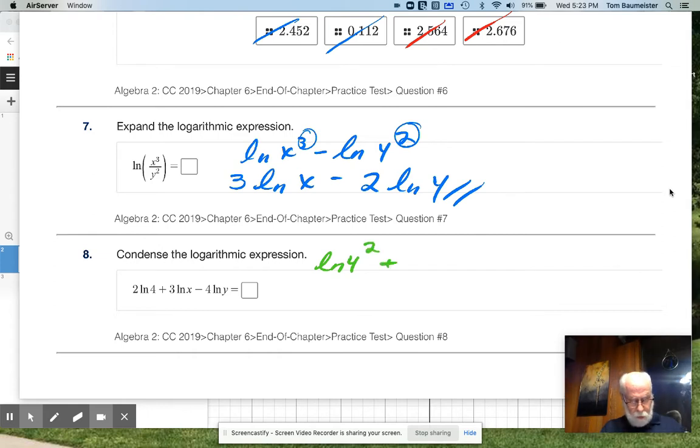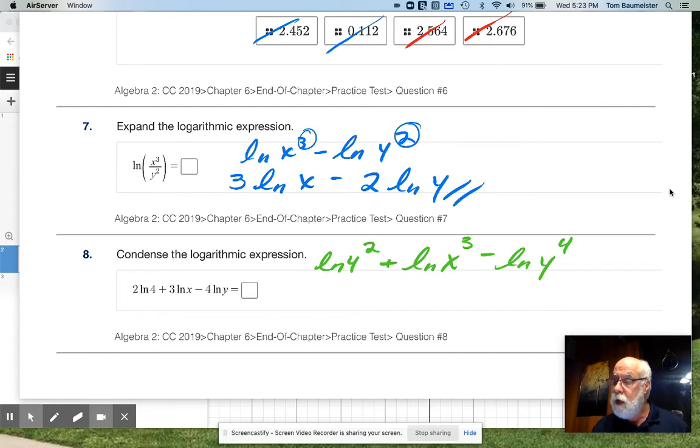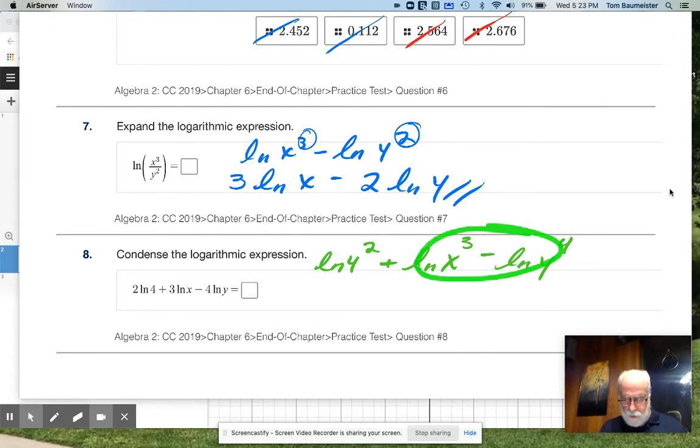And then I'm going to take the natural log of x, and I'm going to cube that. And then I'm going to take minus the natural log of y, and I'm going to raise that to the 4th power. Okay?